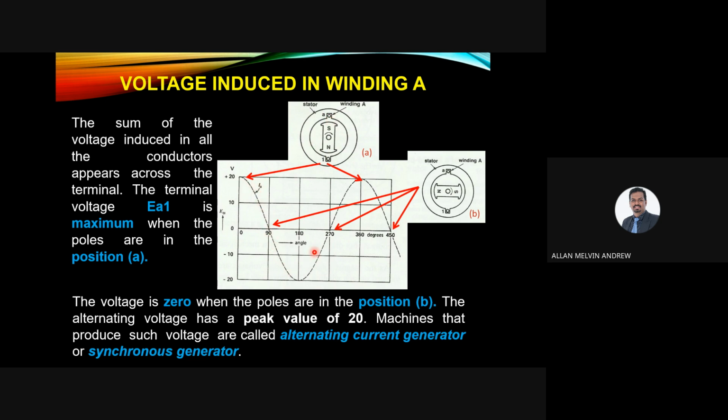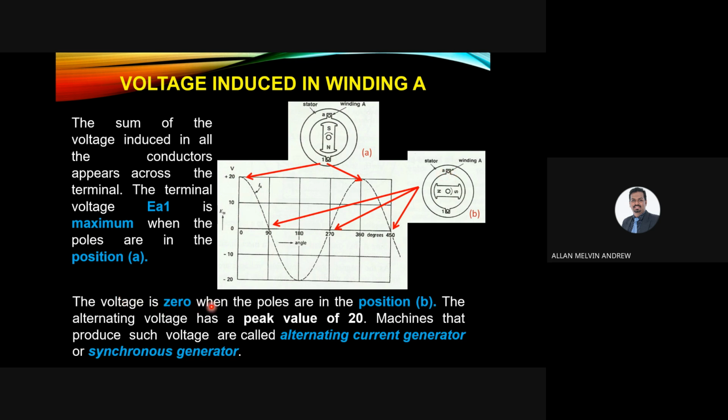If you see the graph, this is a graph of angle versus voltage generated. It will be maximum when the position is like this, and it will be minimum or zero when the magnet is far from or in the opposite direction, far from the poles and the windings.